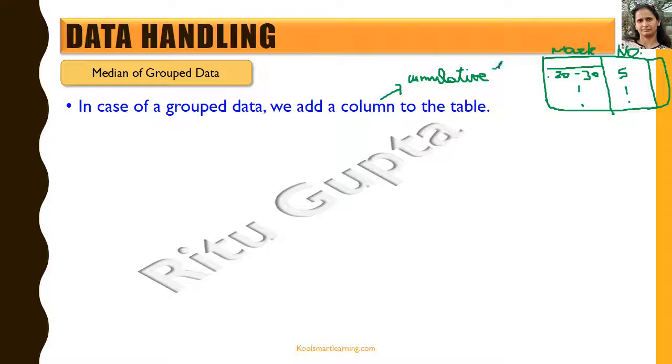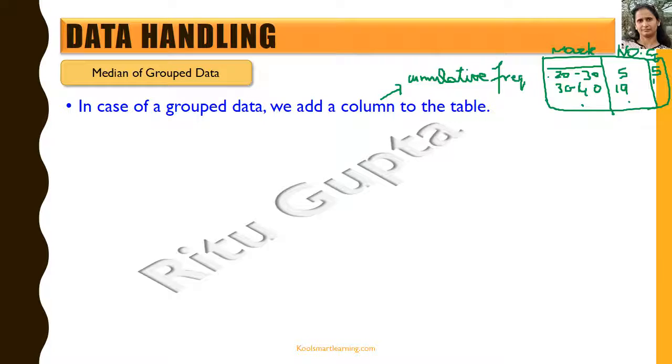So say for example, we have students with 20 to 30 marks, 5, and 30 to 40, say for example, we have 10 and so on. So we add this cumulative frequency column, and in the first row it'll still have 5 because there was nothing prior to that.